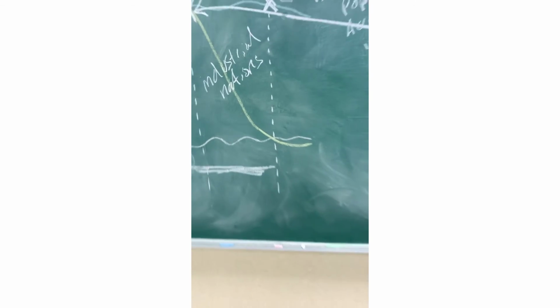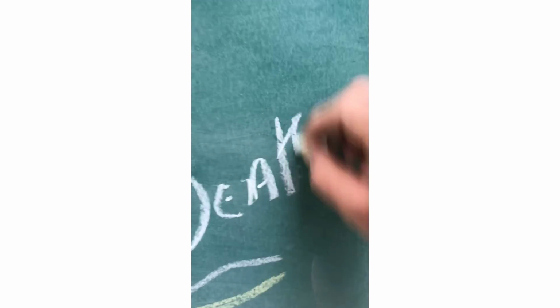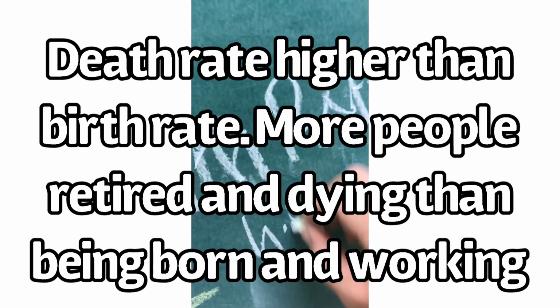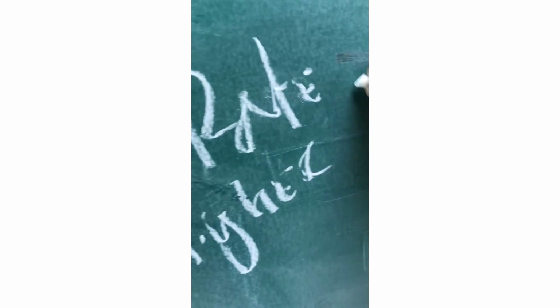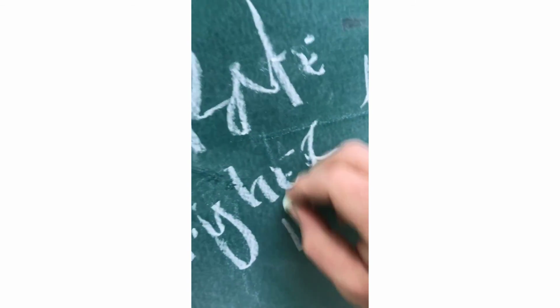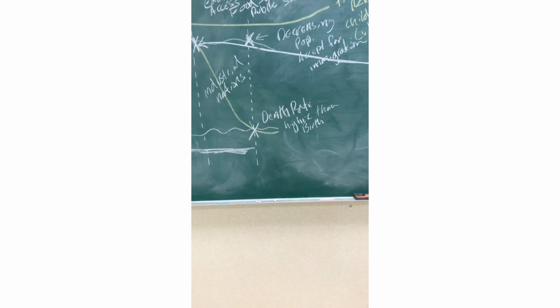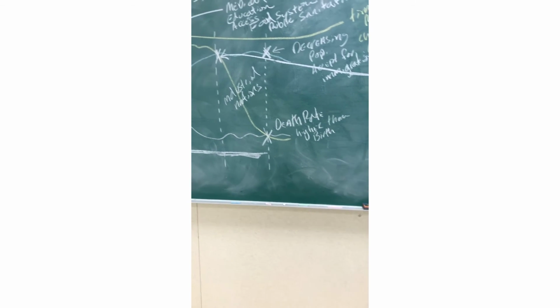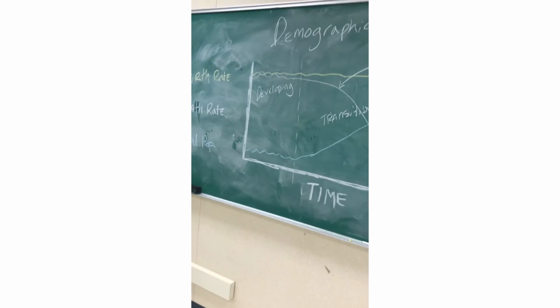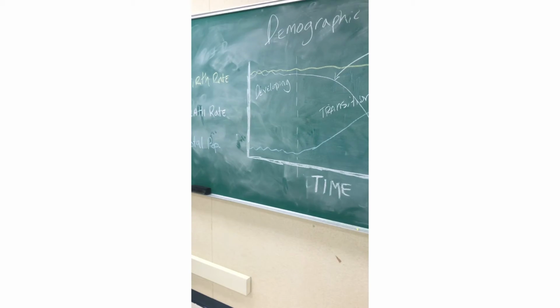Now, if you look here, death rate is higher than birth rate. The people that had one kid, mom and dad pass away from age, not from being attacked by lions or anything like that, or drought killing my family.